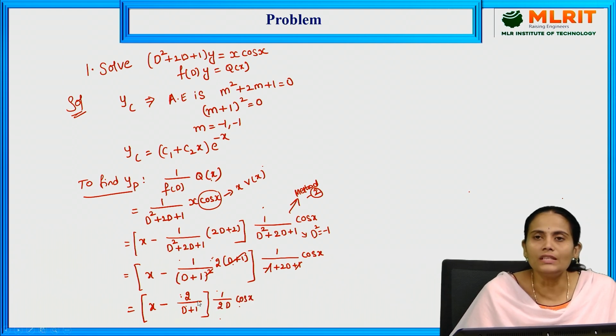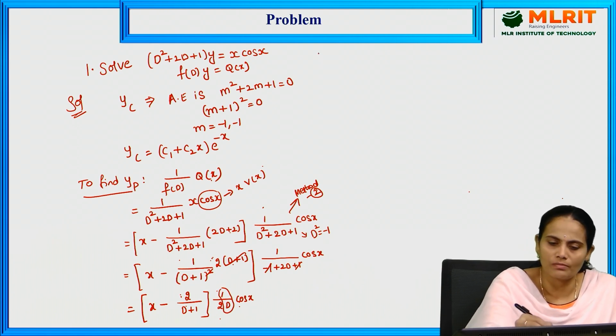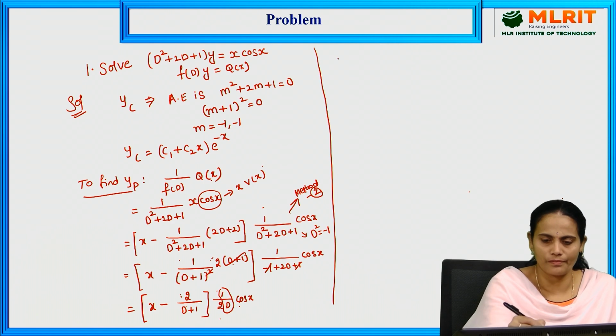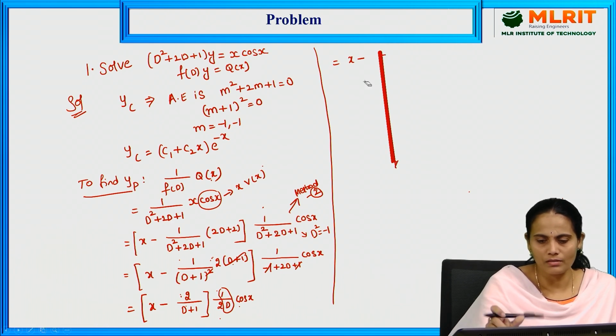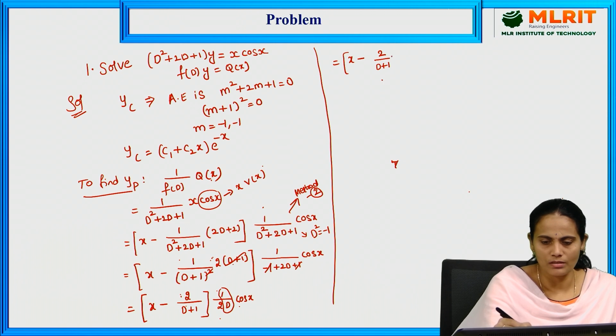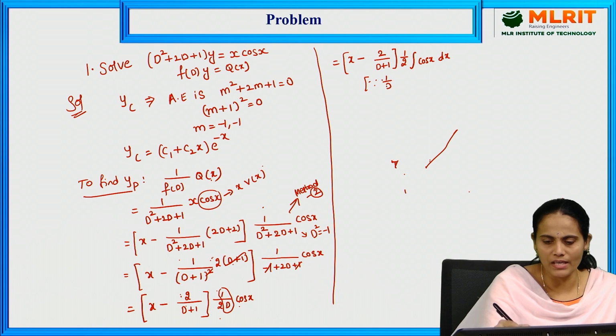So we know that d stands for differentiation, and here 1 by d stands for the integration. x minus 2 by d plus 1 into 1 by 2 into integral cos x dx.